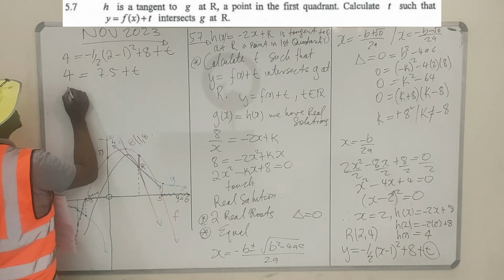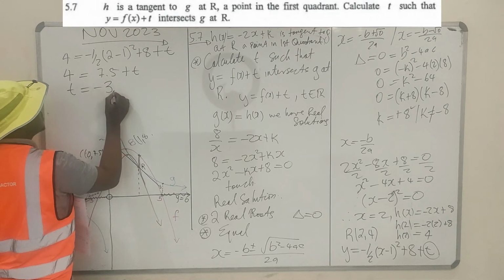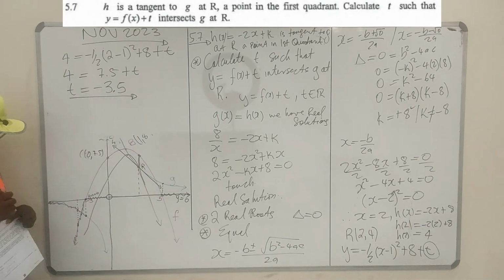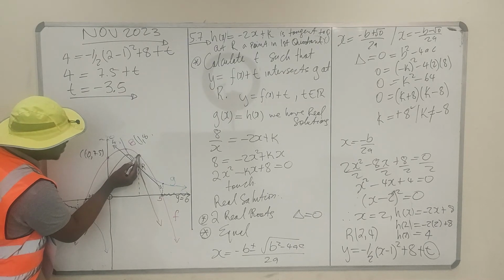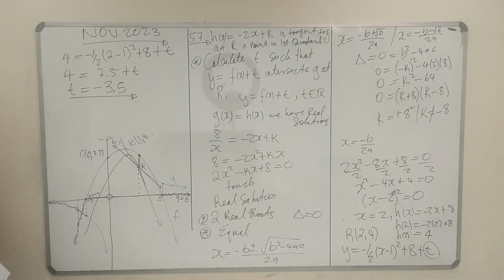So transpose, the t is equal to minus 3.5. So this is the value of t. Which means in order to move this graph here to here, you must move it 3.5 units down. That's what you need to do.